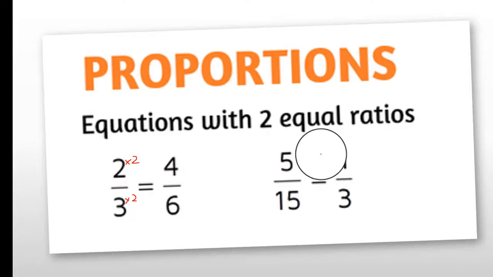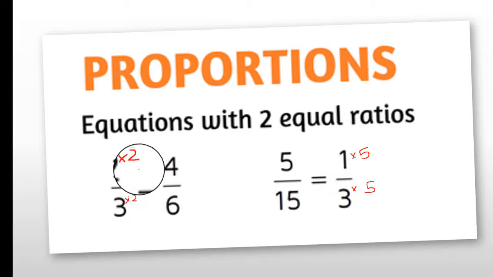Okay, and here if you multiply 1 by 5 and 3 by 5, you will get 5 upon 15.